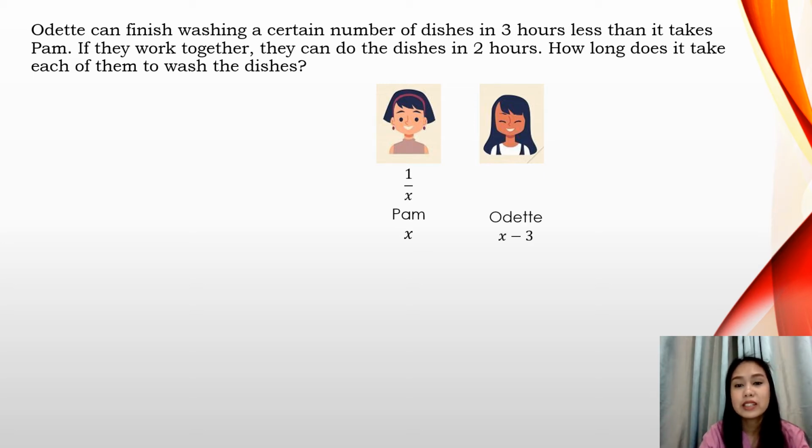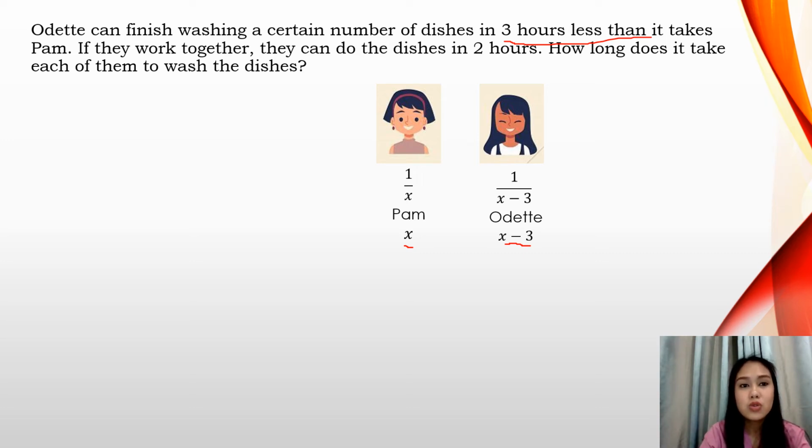Odette finished the dishes 3 hours less than it takes Pam. So if Pam finished the dishes in x number of minutes, then Odette can finish it faster, or 3 hours less than it takes Pam. So that will be represented as x minus 3. But since there is work done, that could be represented as 1 over x minus 3.